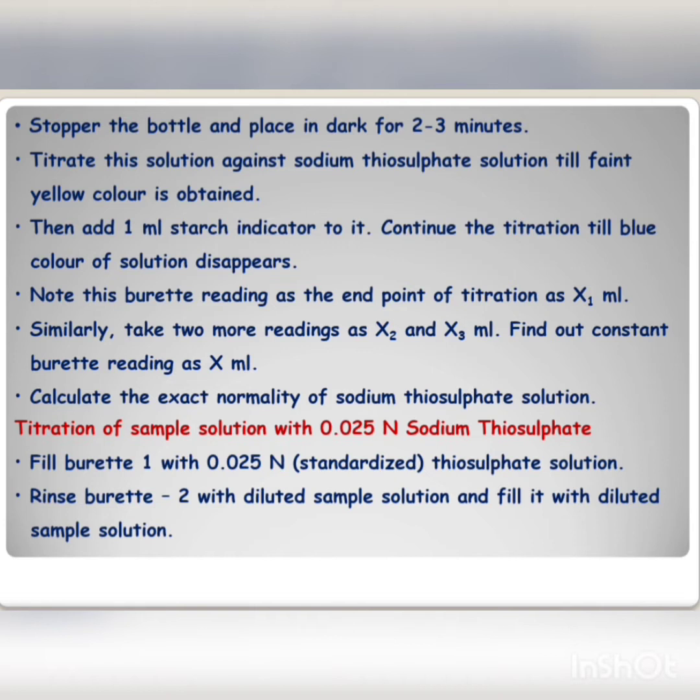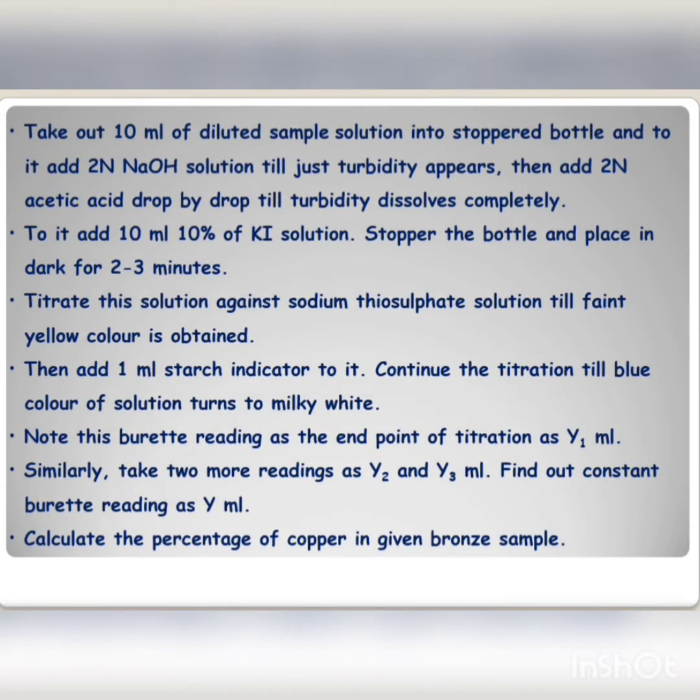Now there is a difference between the standardization and sample titration. Here we have to determine copper 2 plus, so we will take 10 ml diluted sample solution in a stoppered bottle. In that we are going to add 2 normal NaOH solution dropwise. After addition of 2 normal NaOH solution dropwise, turbidity appears in the solution.